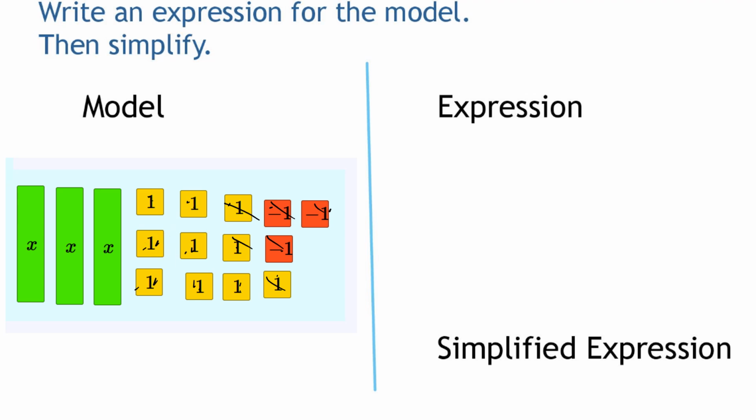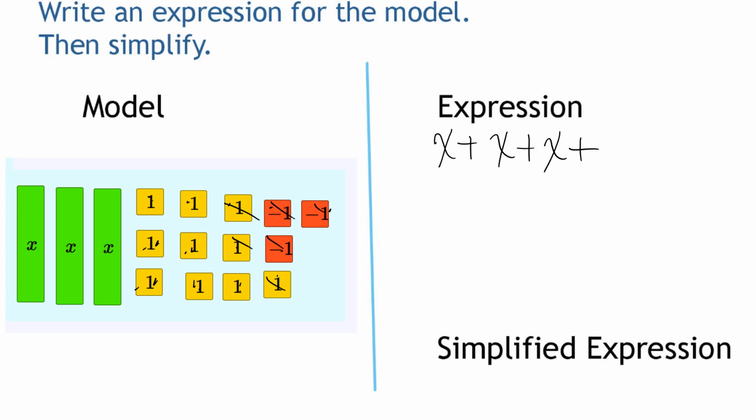Okay, so for this particular slide, what we want to do is say, okay, here's our model. What is the expression, and how are we going to simplify it? Now I'm going to do all of that in here. So we have X plus X plus X, plus, now we can go ahead and combine all of our yellows.